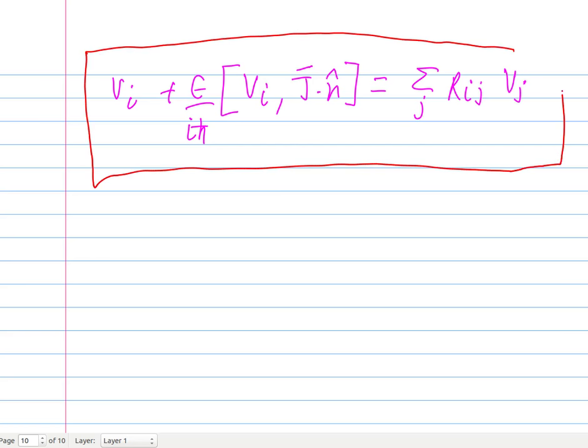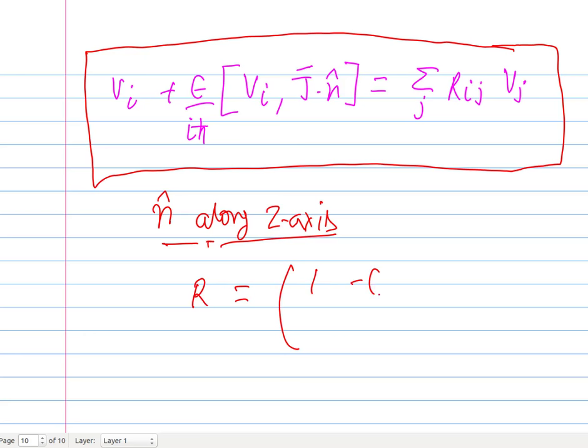Okay, now let us take n cap along the z axis. So if I take n cap along the z axis, then the rotation matrix will be nothing but 1, minus epsilon, 0; epsilon, 1, 0; 0, 0, 1. Now let us find out what this condition entails in special cases, for example if i equals 1.